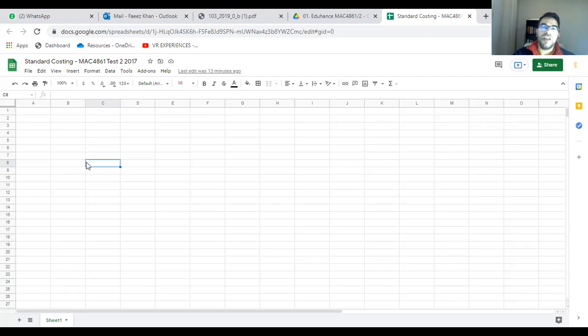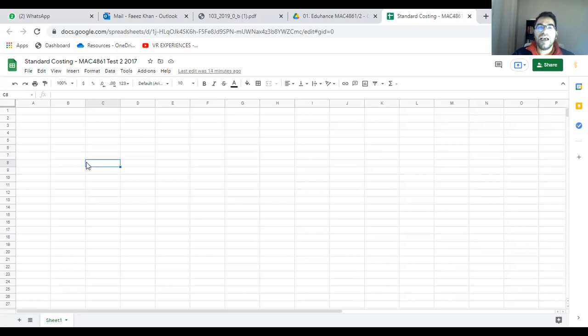a system that uses the absorption costing system, and the way they allocate overheads is not using ABC, but using the traditional costing method. So when a company is using the traditional costing method, you need to pick up how they allocate overheads. Are they allocating overheads using an input basis, or an output basis?